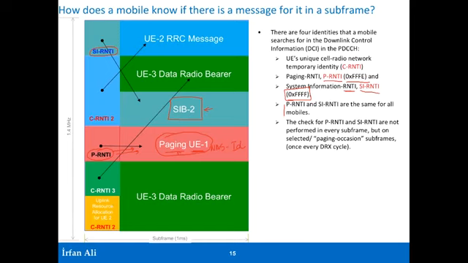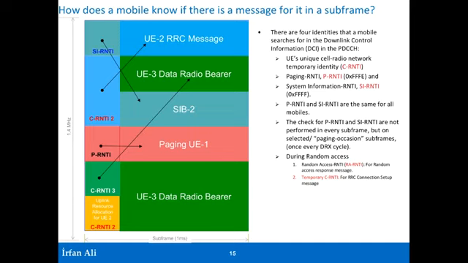So the mobile doesn't keep checking for the P-RNTI in each and every subframe, but only in those subframes where a page message can be present for it, which are also called paging occasions. There are certain subframes, which are, I think, 0, 5, and 9, if I remember right, which have pages, and it's only in these subframes that a mobile will look for paging information for it.